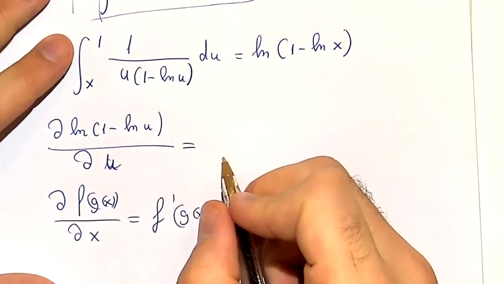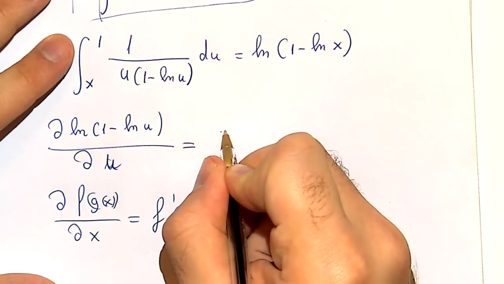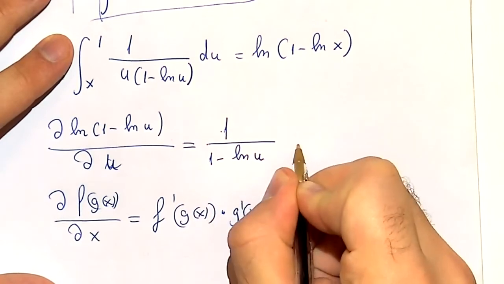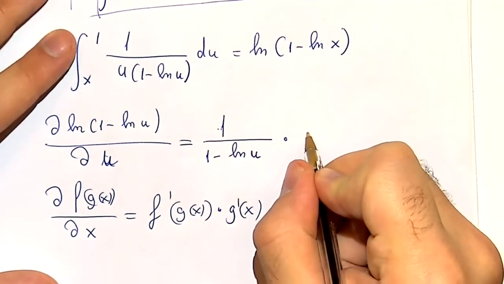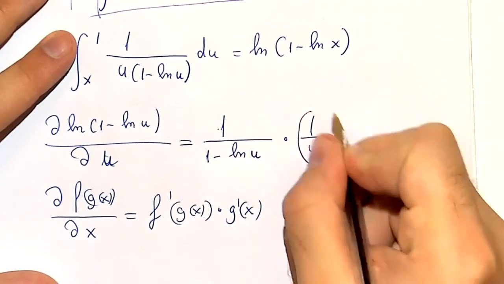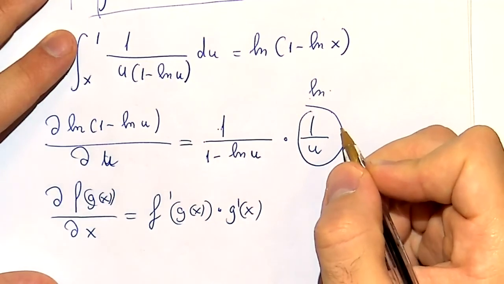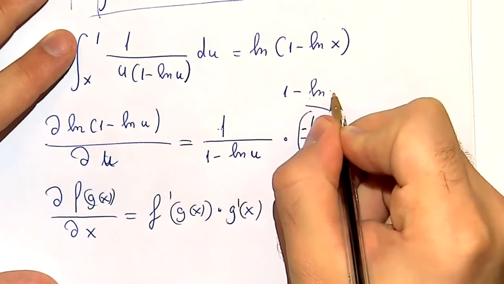Applying the same thing here, the derivative of log is just 1 over that stuff. So it's just 1 over (1 minus log of u) multiplied by, sorry, I messed up, this is minus 1. This is the derivative of 1 minus log of u.